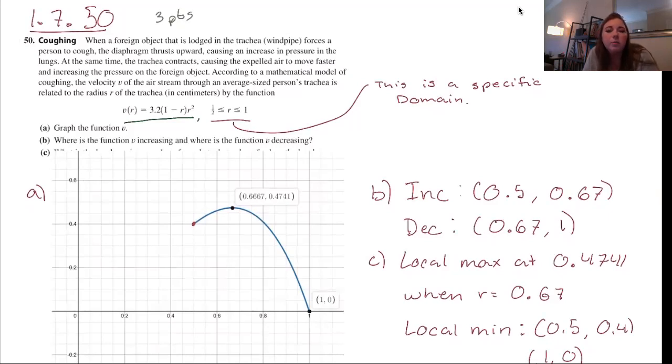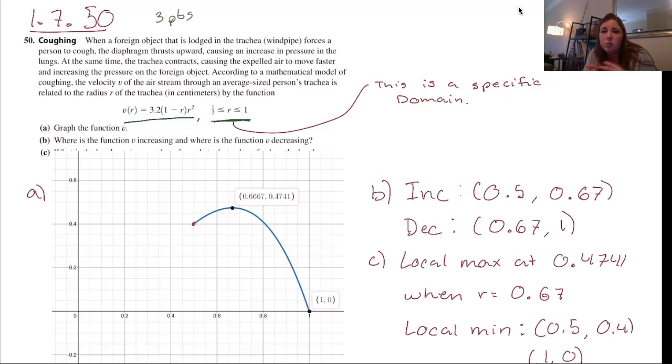I would be very concerned if someone's trachea had negative values. I don't know what that means for their vocal cord, but I'd be very concerned, especially if a trachea was like 24 centimeters. That's ridiculous. Who are you? You're giant. So we need to pay attention. This is telling me that r is restricted to this domain.